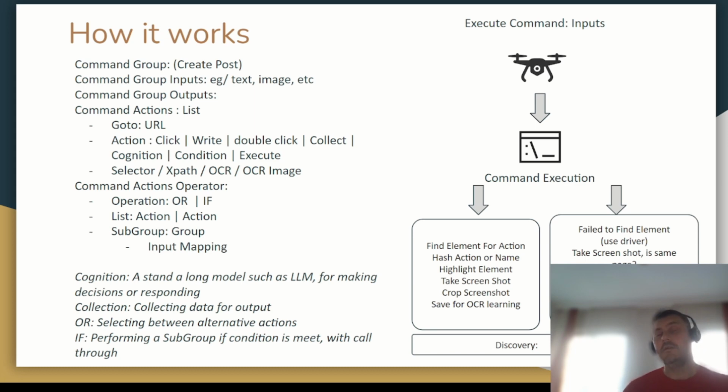So before we actually do a command like fill in the text, we're going to identify the command. We take a screenshot, and then we crop down the element, and we save that element for optical character recognition later, and then we perform the command. An example would be, let's type in hello world into a prompt. Then we would highlight the prompt, take a photo, crop it, save it, type in the text.